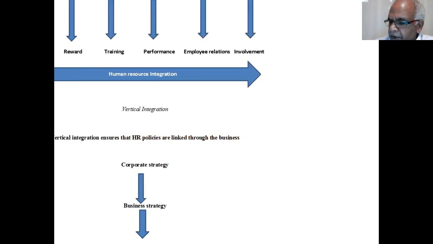Now, this is the link between HR and strategy. And that is the reason why the stronger the link, the tighter the link, the perspective of HR management takes an orientation which is known as strategic human resource management.